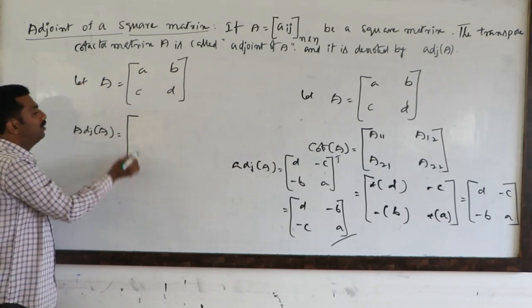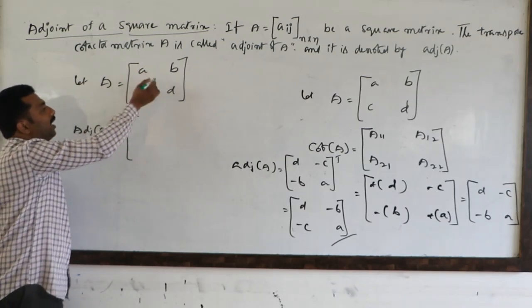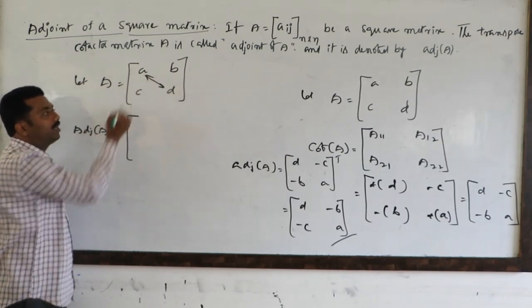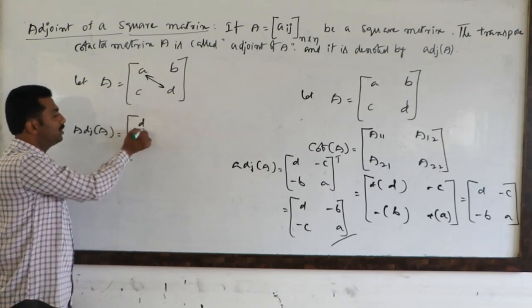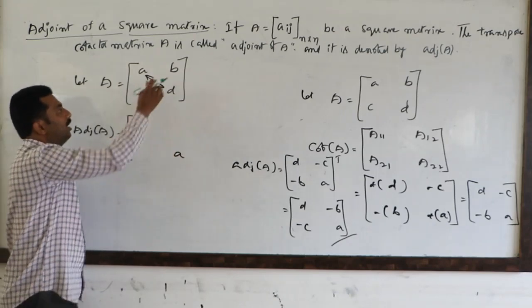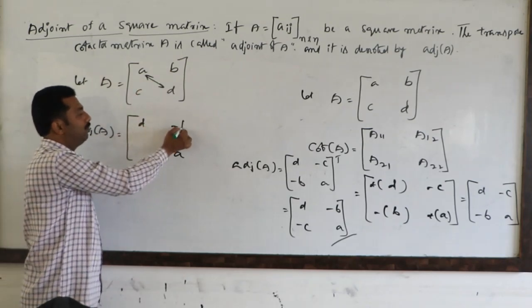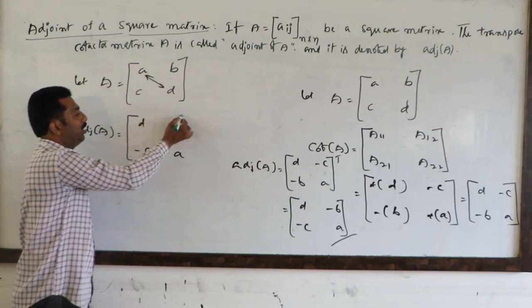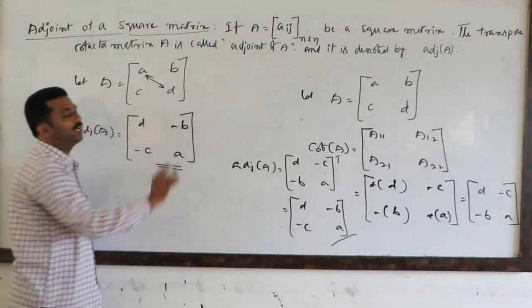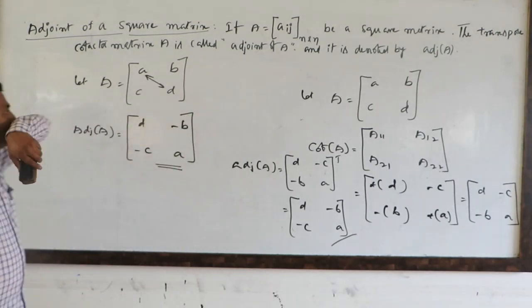Very clear: interchange the principal diagonal elements, so this is D, A. Change the signs of off-diagonal elements, so this is minus B, minus C. So this is the direct answer for the adjoint.